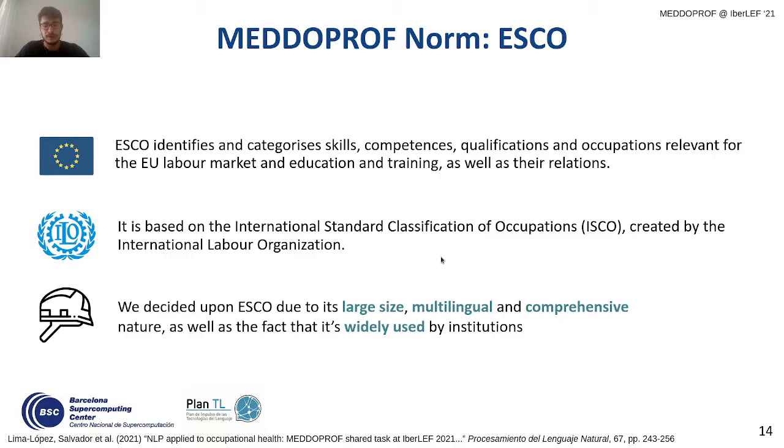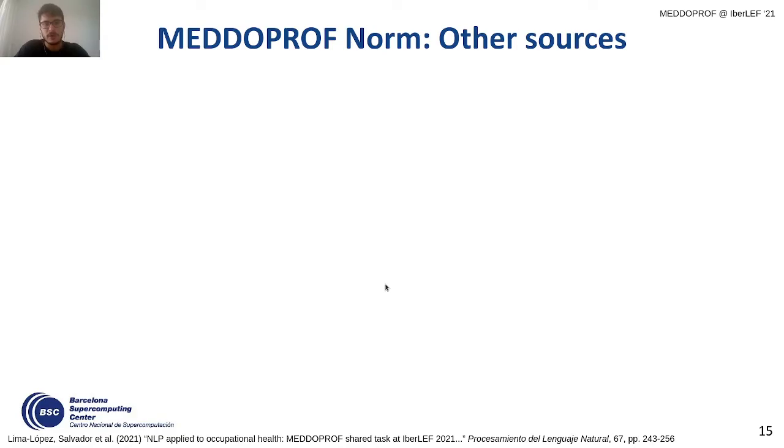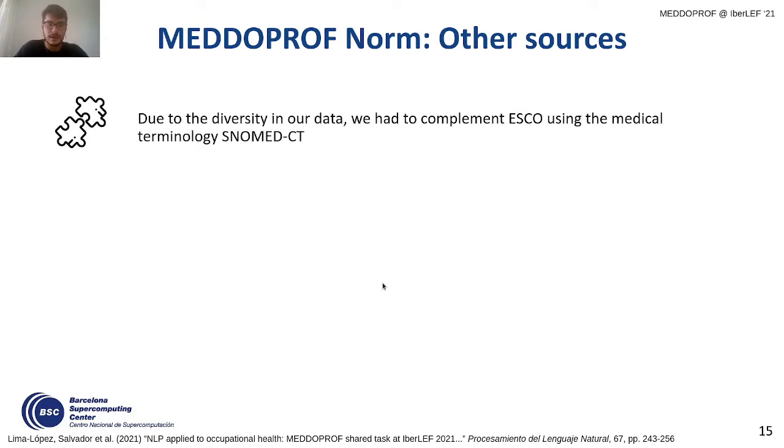Nowadays, ESCO is used by many institutions, and it's also a really large terminology classification. It's also multilingual. It's in many of the European Union's languages, and it's also very comprehensive. So because of that, we decided to use it. However, we have a lot of diversity in our data, in the sense that we also consider occupations and employment statuses.